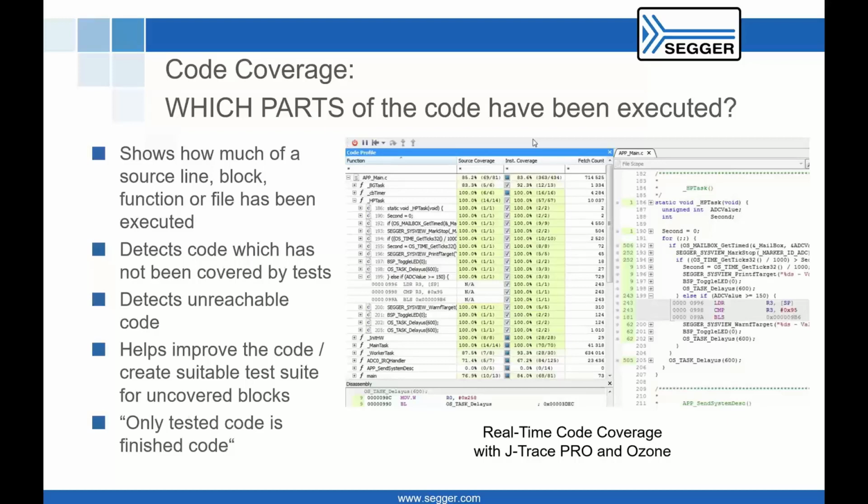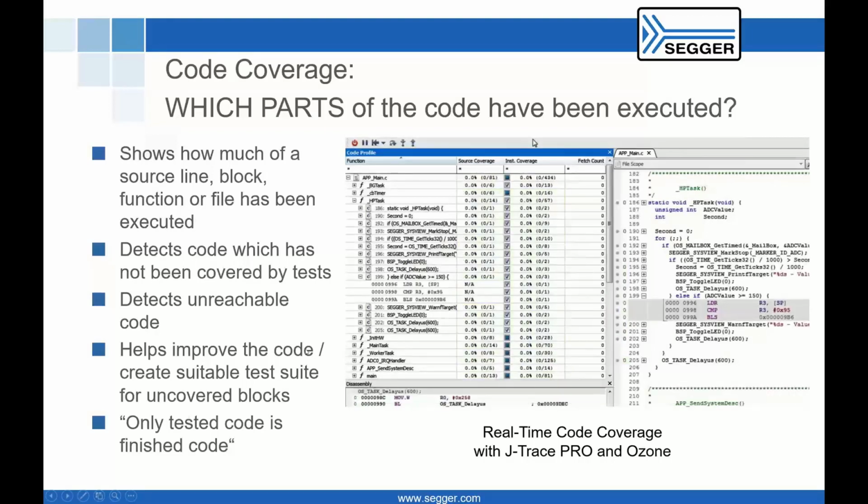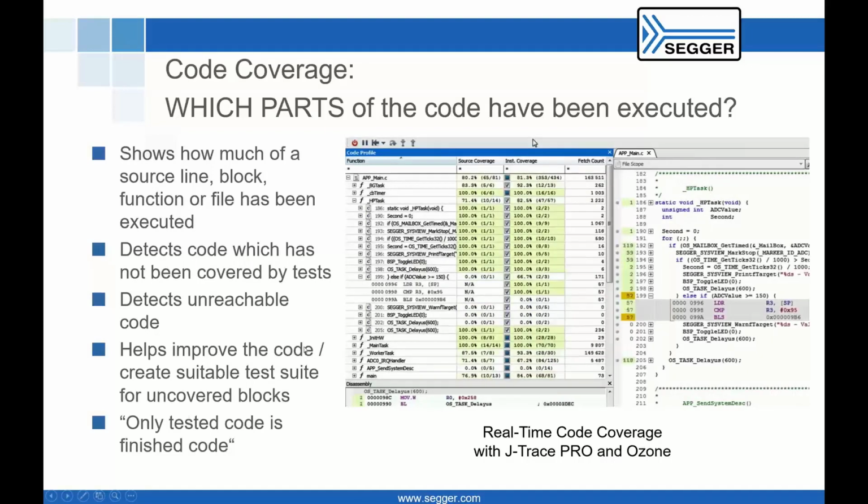Because really, the saying goes, only tested code is finished code. If you haven't really tested it, you can't really consider it finished. There's a little animation here that shows how that works. While the application is running, you will see the code coverage information and code profiling information come in. We'll see that again much better later in the live demo.